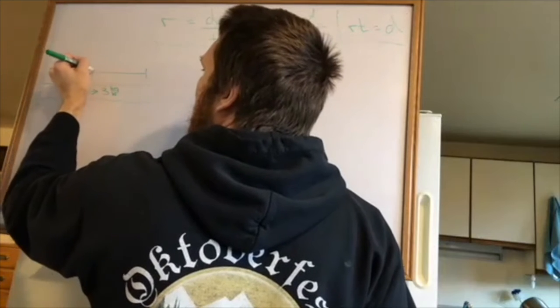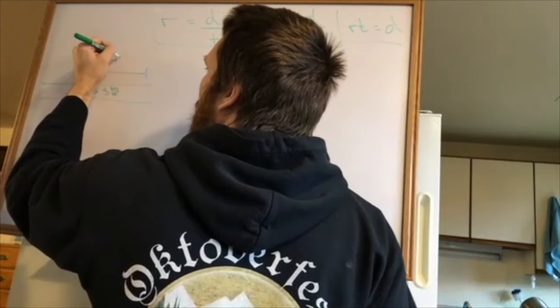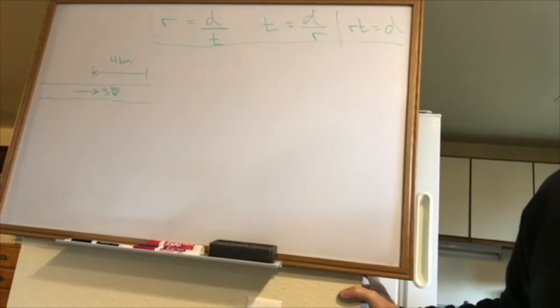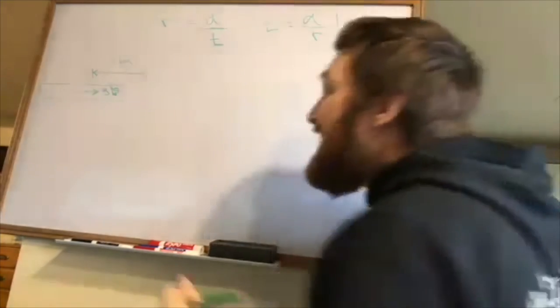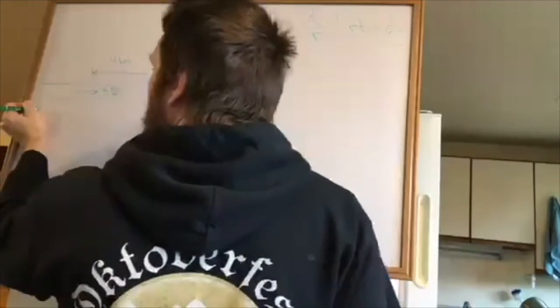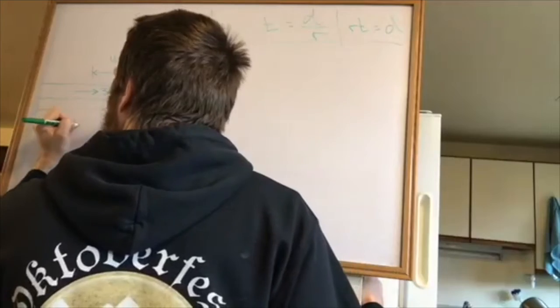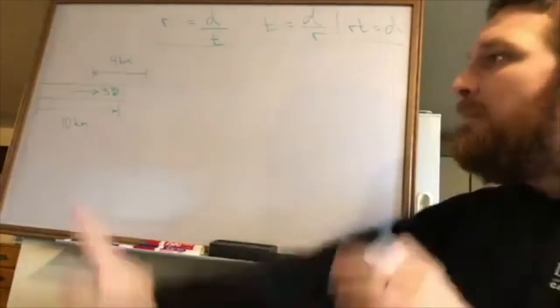So it goes in this direction. It says in the same amount of time that it takes to travel 10 kilometers downstream. So I'm going to do this right here. 10 kilometers downstream. Okay, now that makes sense.